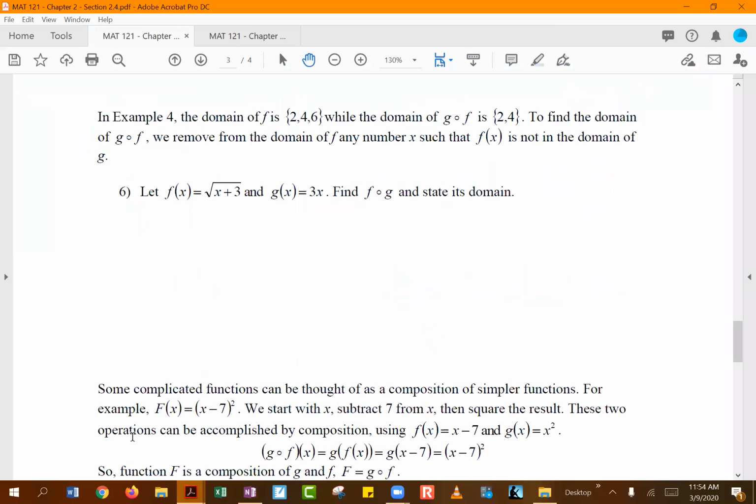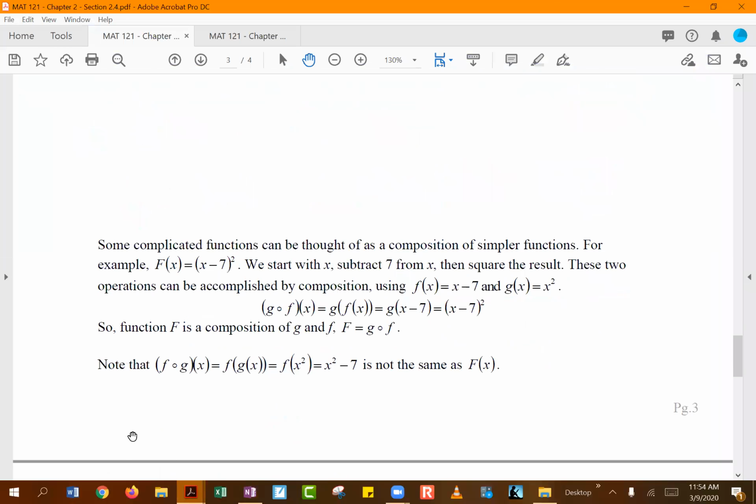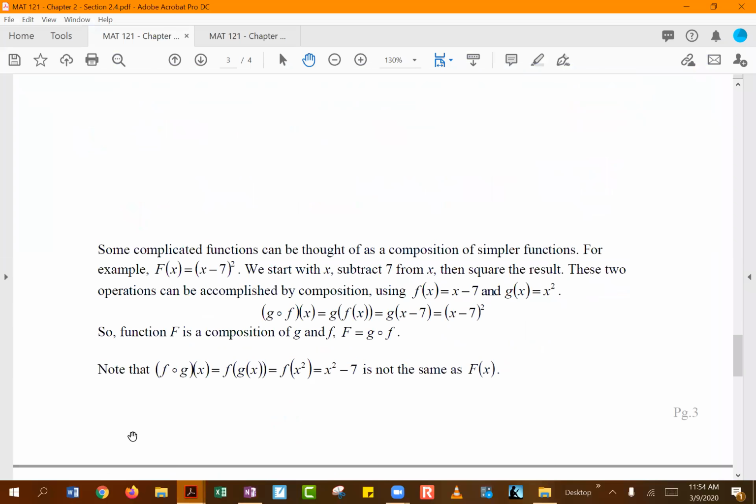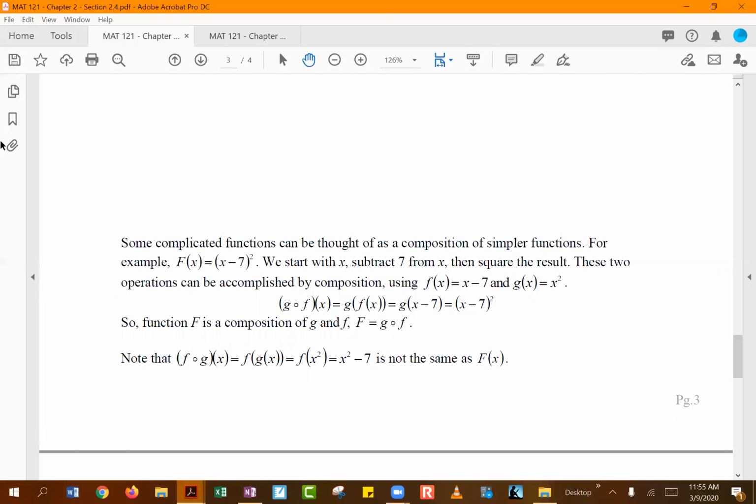Alrighty. How you set up your problem makes a big difference on what your final result is going to be. This is what they're talking about in this little paragraph here. They're saying you can think of some of these complicated functions, which we've looked at as quadratics in the previous section, like x minus 7, the whole thing to the second power, as a composition of two functions.